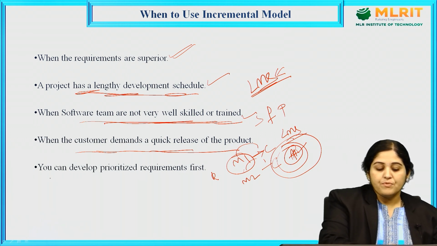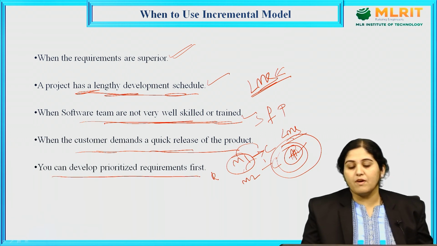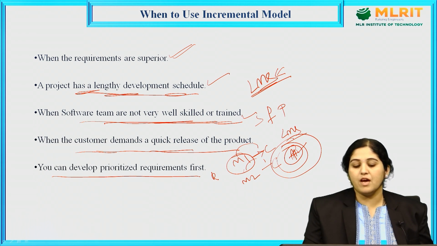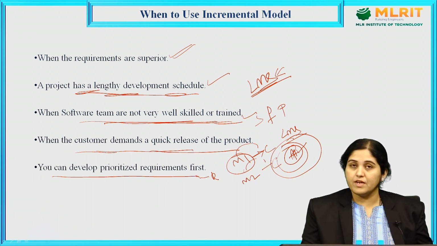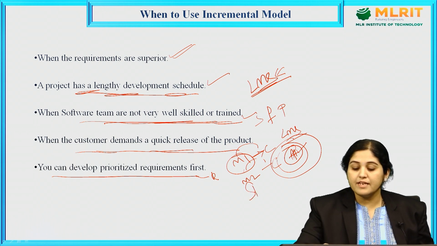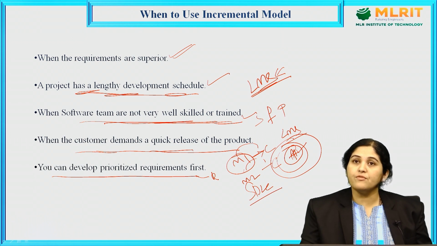Next comes you can develop a prioritized requirement first, same thing. Based on the customer requirements and demands only, we are going to develop an application. When comparing the incremental model with other models in SDLC, we freeze the requirements.